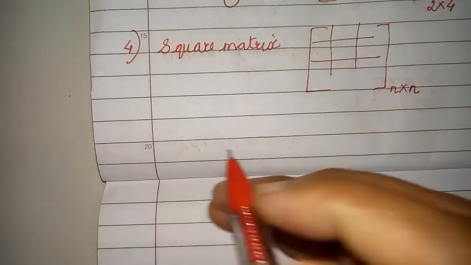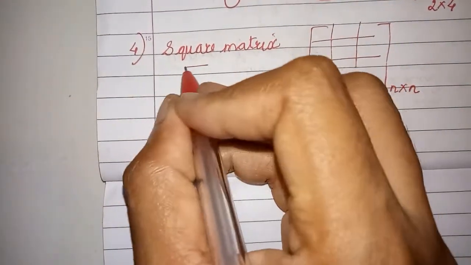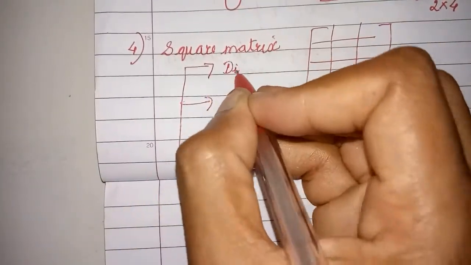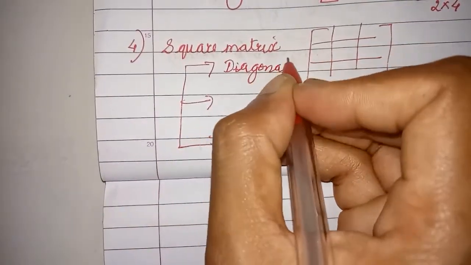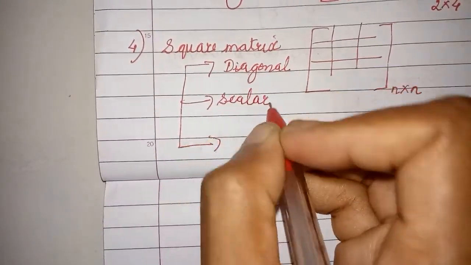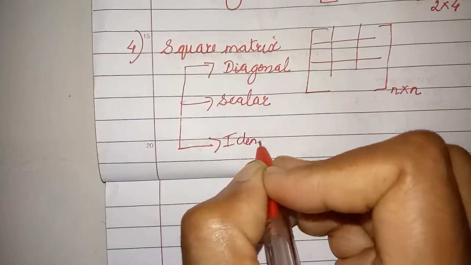Now the square matrices are divided into further 3 types. The first one is called a diagonal matrix. The second one is called a scalar matrix. And the third one is called an identity matrix.